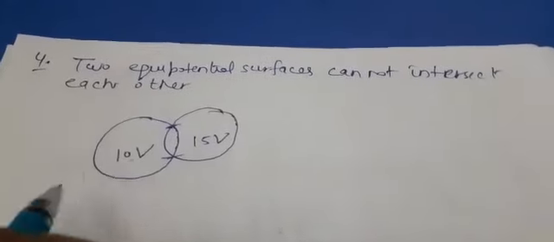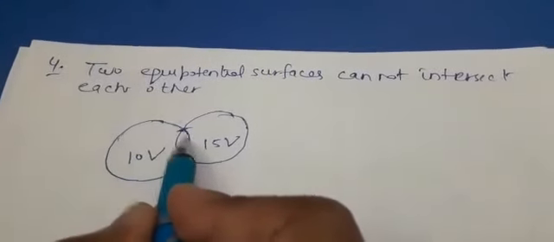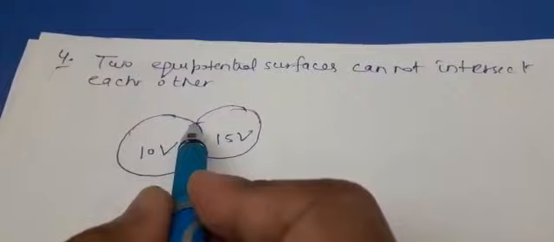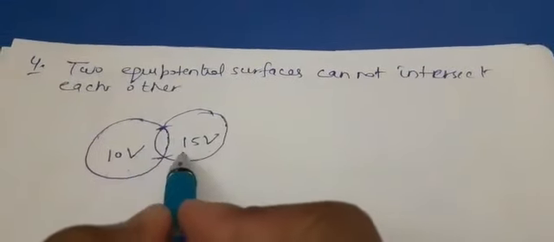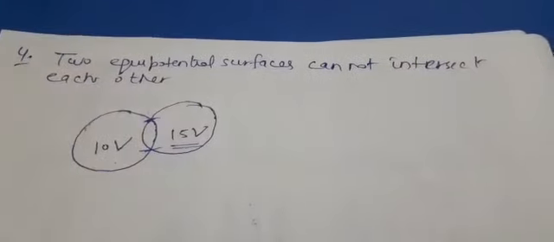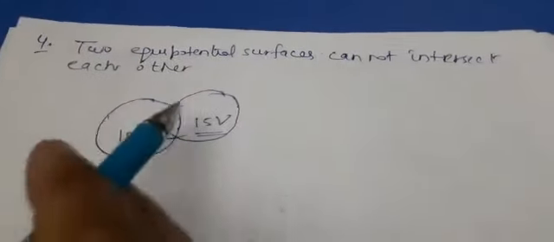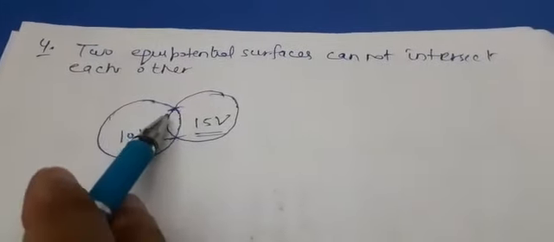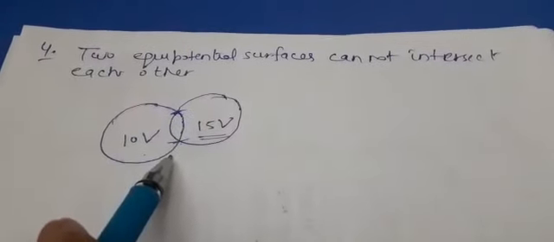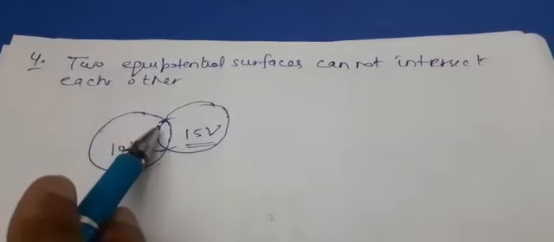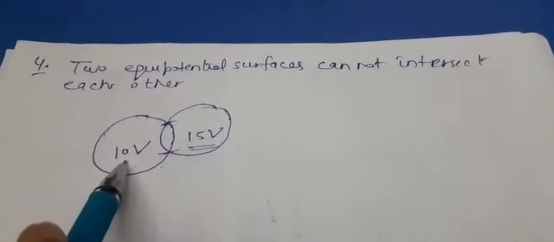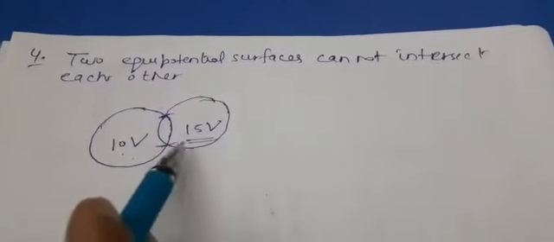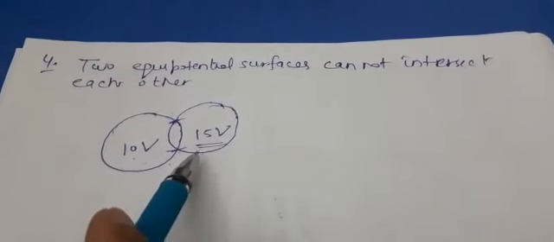So how to understand? For this surface, this point must have potential 10 volt. For this surface, corresponding to this point, the potential should be 15 volt. So this is a contradictory statement. At a single point, potential cannot be different. At the point of intersection there would be two values of potential, which can never be possible.